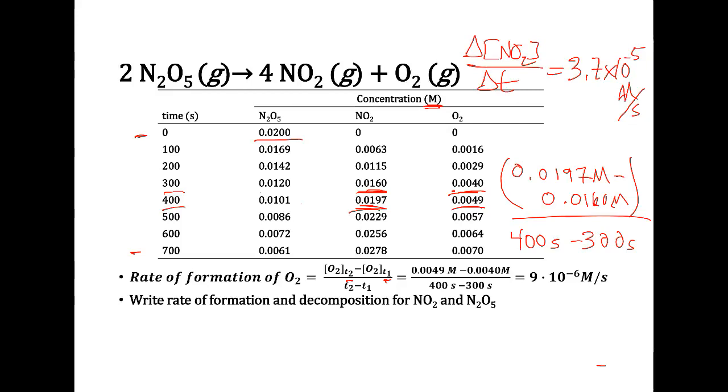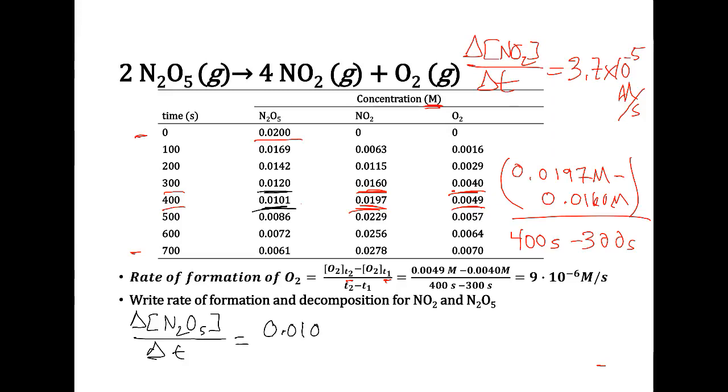Okay, so let's think about the decomposition of dinitrogen pentoxide. So as we look at this, notice that the concentration is decreasing. Okay, so if it's decreasing, that means our rate is going to be negative.